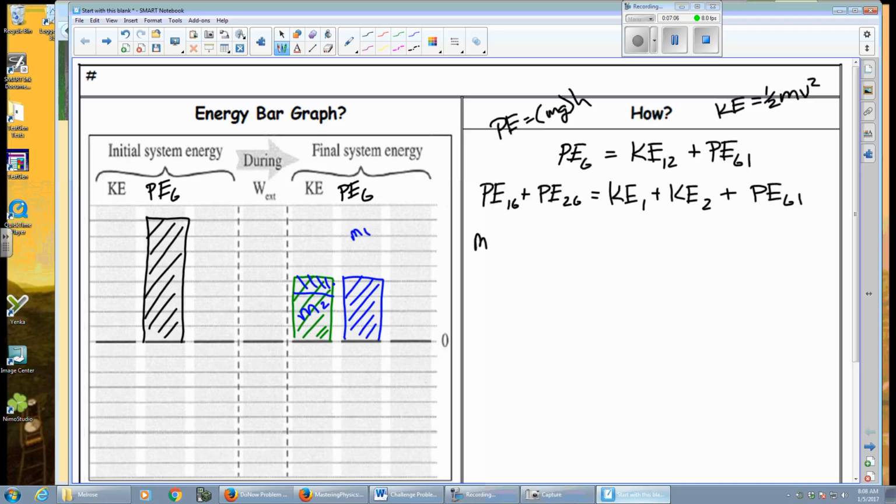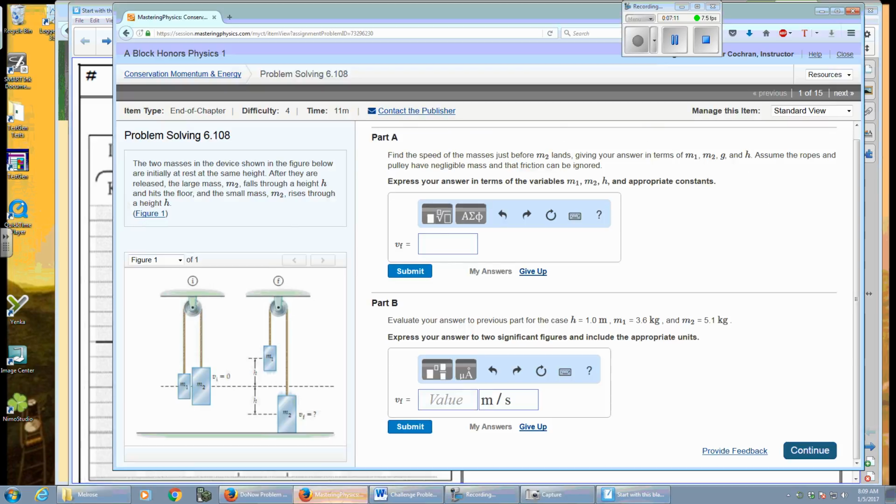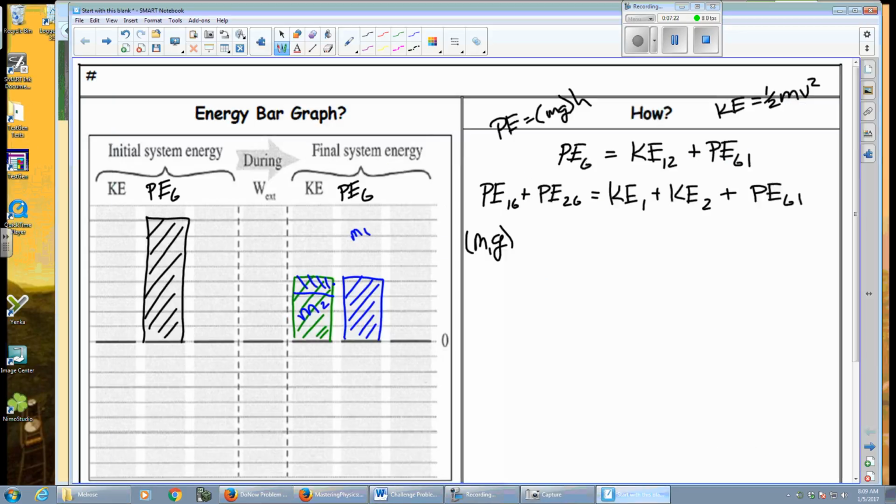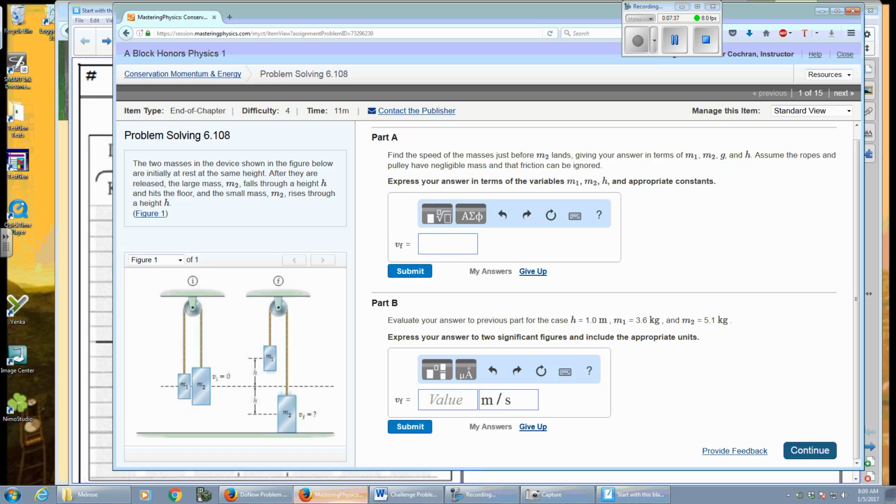So this would be m1 g, and at this point, it's at a height of h, because remember, I'm taking that bottom position as 0. h plus m2 g times h equals 1/2 m1. Now, think about how fast is M1 moving compared to M2 in our second situation.